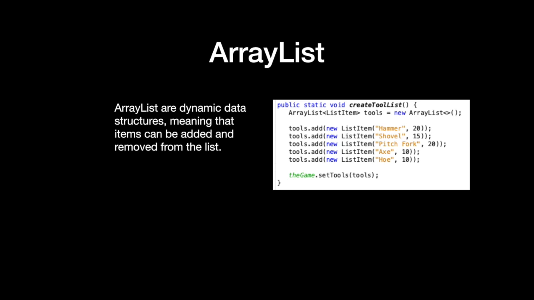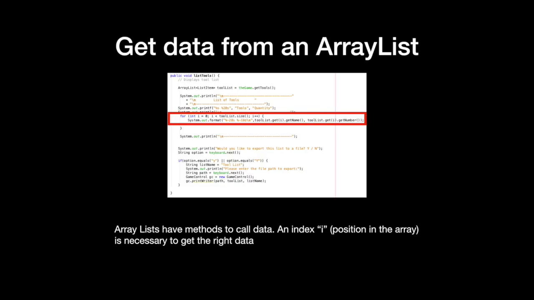For example, if we want to access an array list, we had an array list in our game that we use to store the list of tools. To get the data, we need the index, the number or position of the element we want to get.